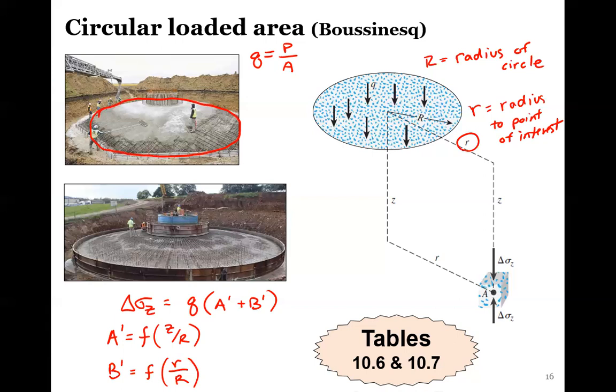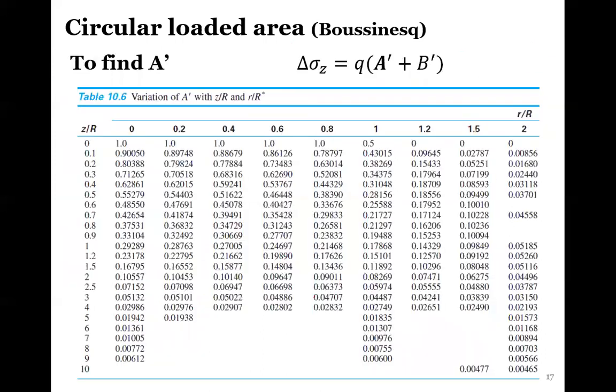So for A and B, now we have to find two things, so that means we have to reference two tables. That's tables 10.6 and 10.7 in your notes. To find A prime, it's a function of z divided by R, and r divided by R. So both of them are a function of each other.